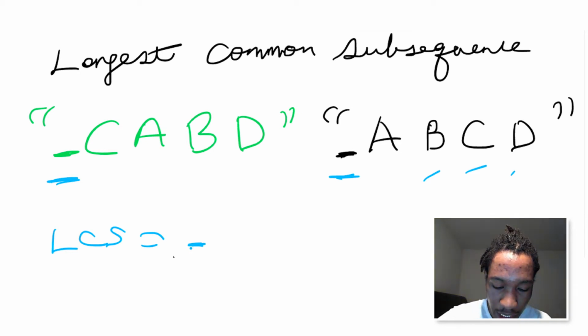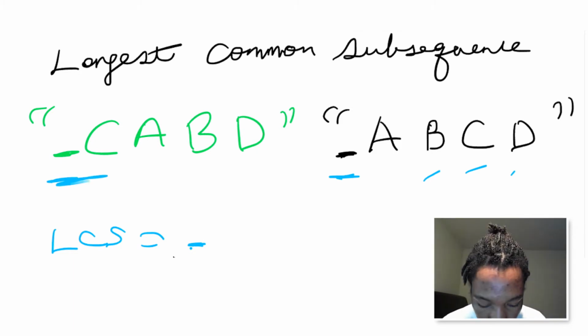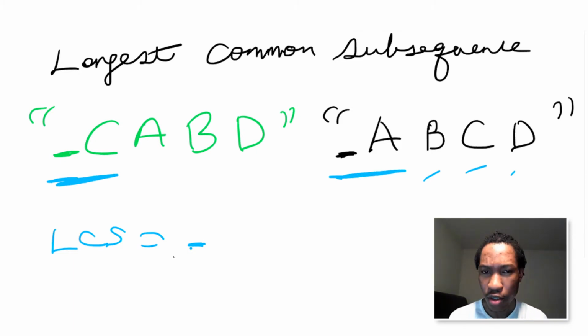And then we get to C and A. So now what we're comparing in actual fact is empty string C and empty string A. So we get to C, compare C with A. Are they equal? No, they're not equal. So what we do in this case is we either take out C and compare the rest of the characters, or we take out A and compare the other characters.